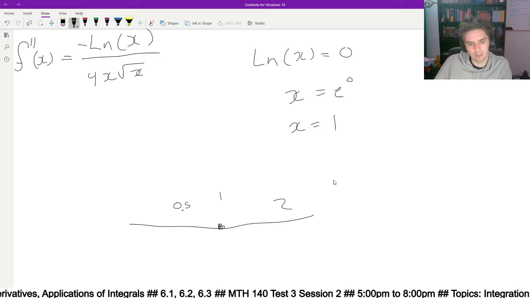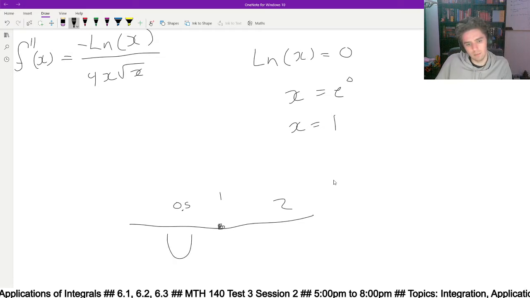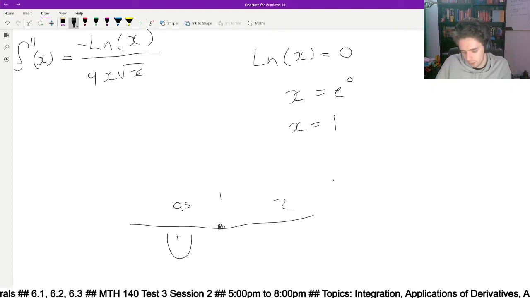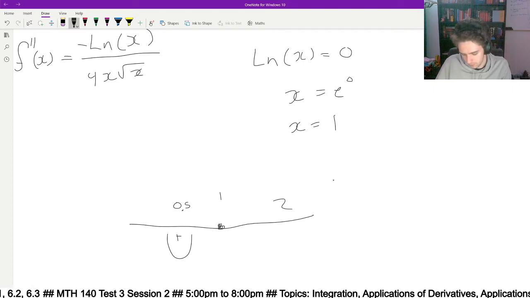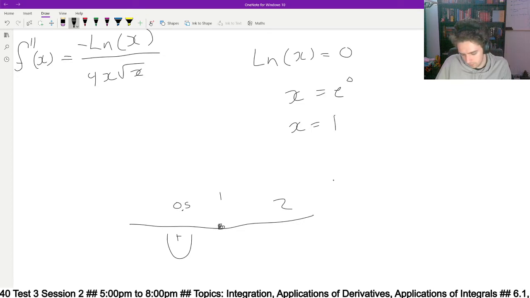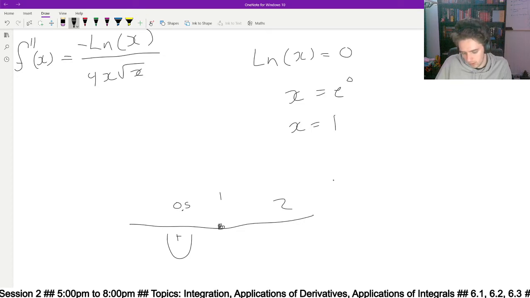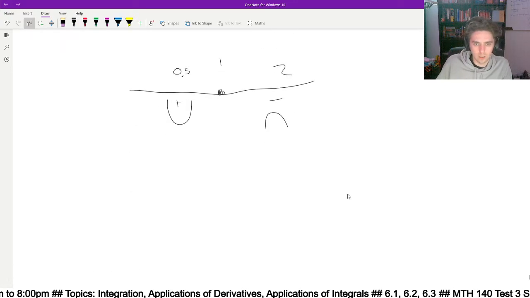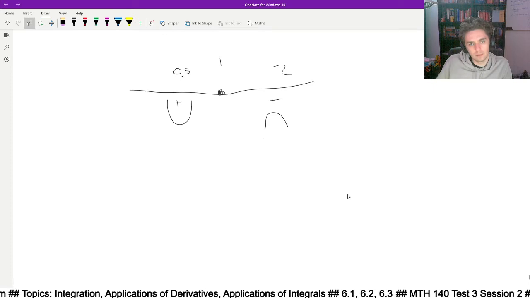So I got a positive number, so that means it's concave up. It's positive, so it's concave up. And then I'll try 2. I got a negative number, so it's concave down.